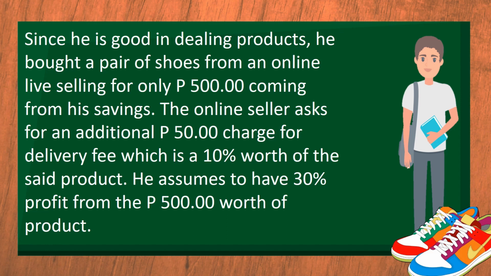The online seller asked for an additional 50 pesos charged for delivery fee, which is 10% worth of the said product. He assumes to have 30% profit from the 500 pesos worth of product.